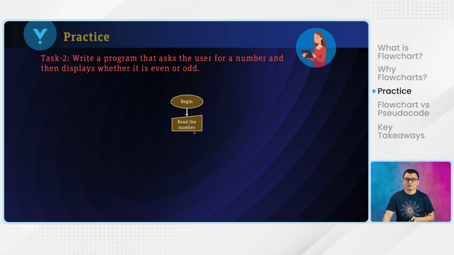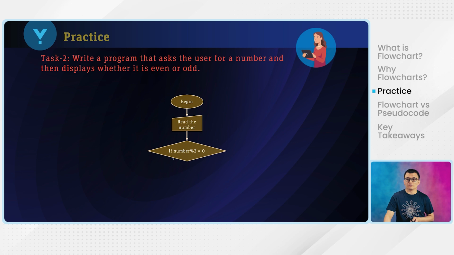Okay, oval and then the trapezoid. That means it started and then it asks the user to enter the number. Once user enters the number, then we have a decision to make. Okay, we need to create a condition to check whether this number is odd or even.